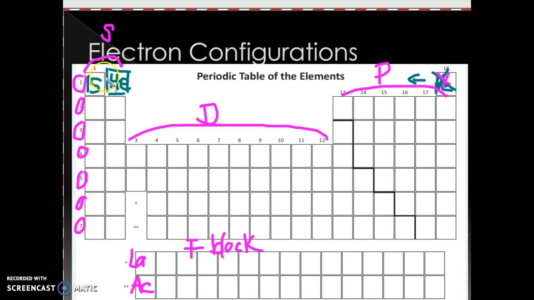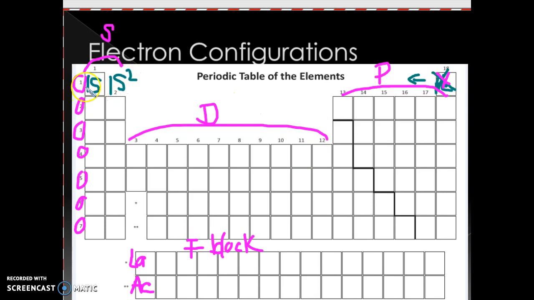So the configuration for hydrogen right here is 1s1. The configuration for helium, which is right next door, is 1s2. The little 2 up above means 2 electrons in the 1s. So that means that helium's first ring is full with 2 electrons.